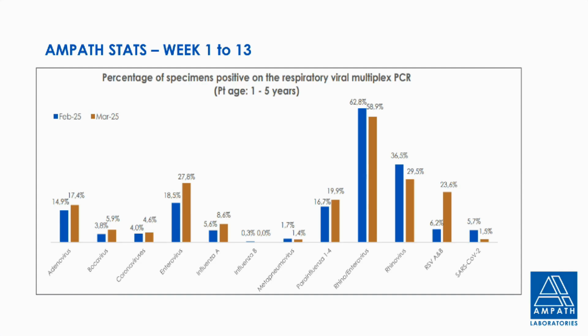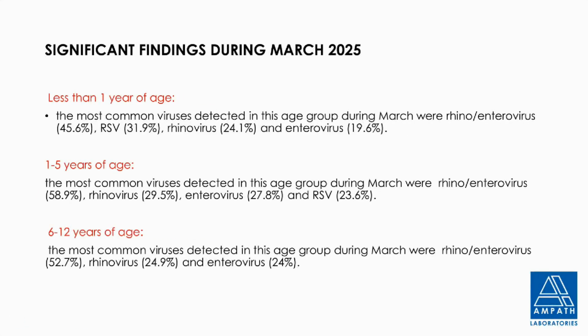You'll see your rhinovirus in the months of February and March being around 60-62%. I'm also speaking to your RSV, which has increased to 23% in March, and influenza A and B is still low, with influenza at 8.6%.